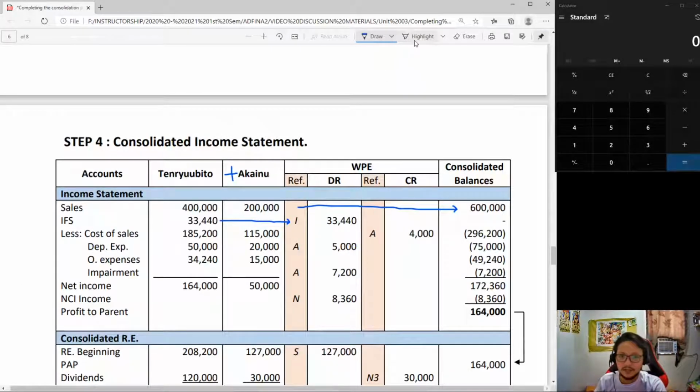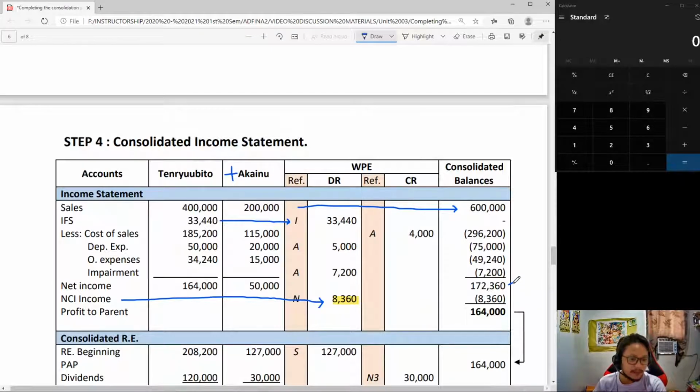Here's a special thing that you should take note. Ano? Itong 8,360, it is not part of your given. Pero because we computed NCI income as 8,360, ito yung amount na kailangan mo ilagay dito. And when you present the consolidated balance for income statement, the income statement does not end at net income.